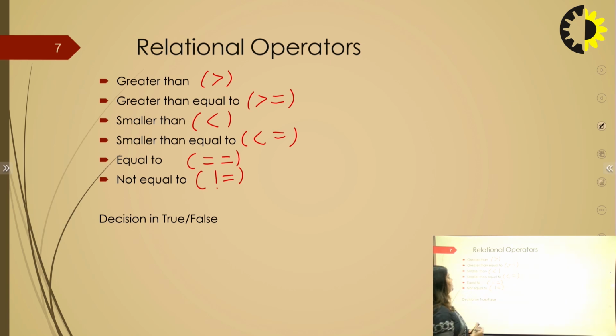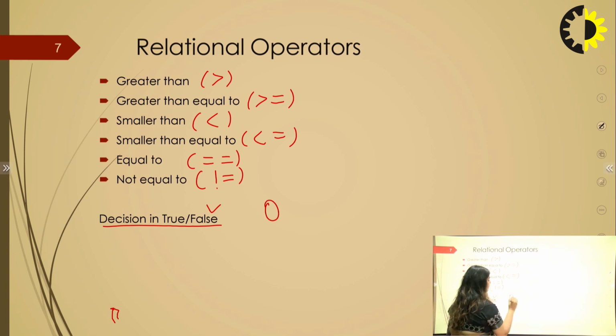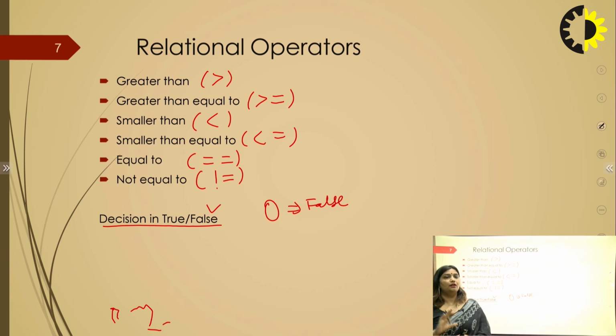They are kind of decision operators, and the result they give is true or false. If we talk about false, the number 0 is considered false, and any number except 0, either 1, -1, 4, 5, 100, will be considered true.